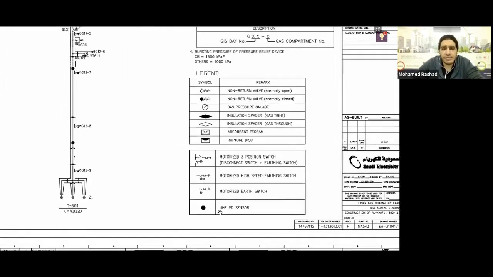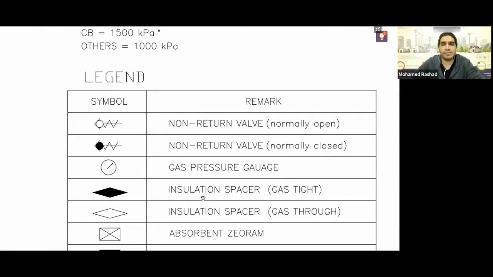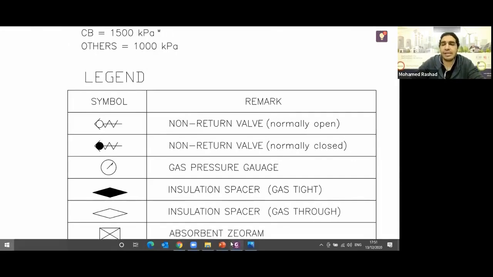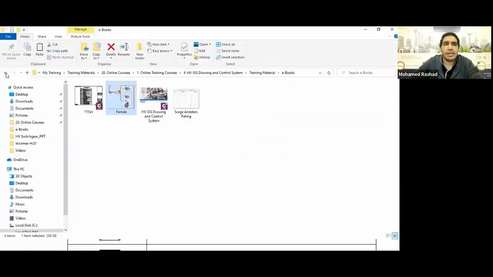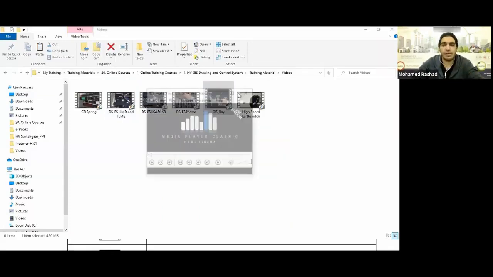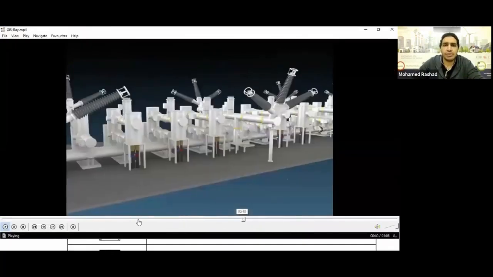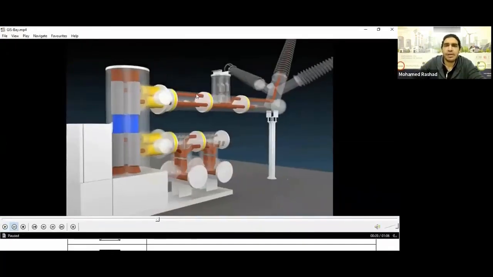The first thing regarding this symbol, it means insulation spacer. What is an insulation spacer? It's exactly like what we showed in our video about our cell. I showed it to you yesterday and told you, here it is. This part that you see in white, we call it an insulation spacer. What does insulation spacer mean?